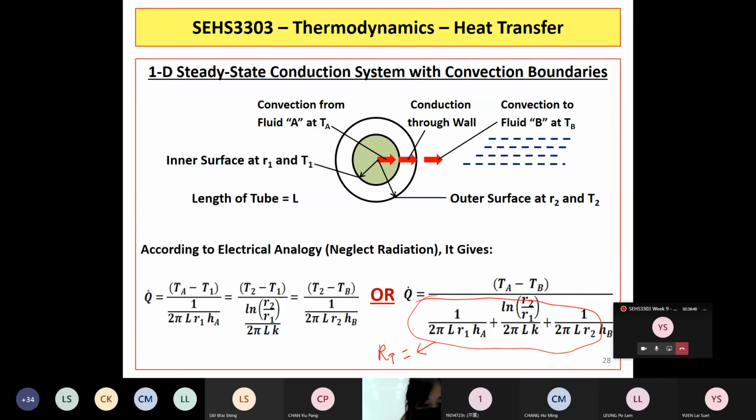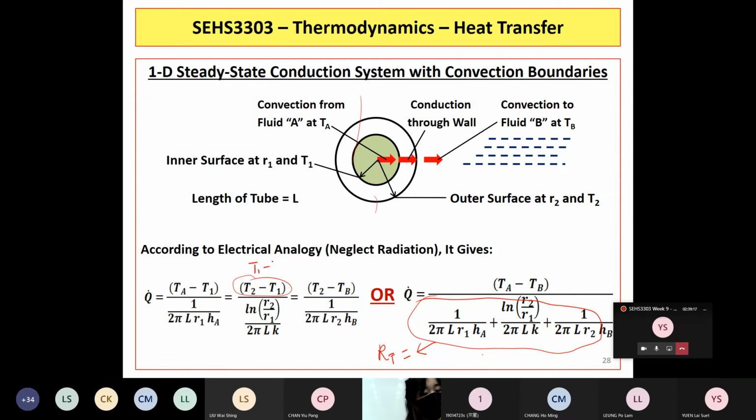At this point, any problems? Oops. There is an error in this slide. Who can tell me? There is something wrong in the equation. Which one? This one, right?